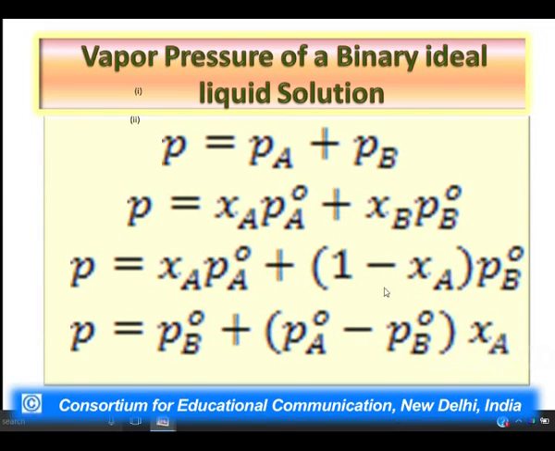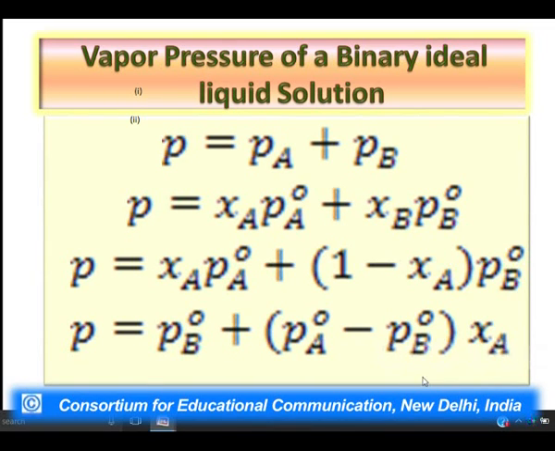Now, when we do so and open this equation up, it gives us XA PA naught plus PB naught minus XA PB naught. When we take XA common from the two terms and rearrange the equation, we get P equal to PB naught plus (PA naught minus PB naught) XA.